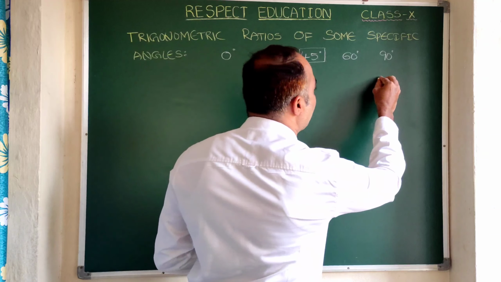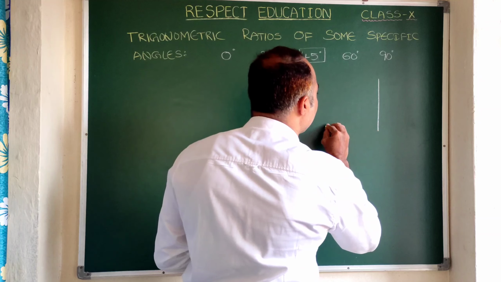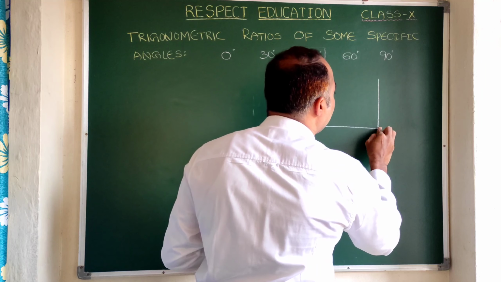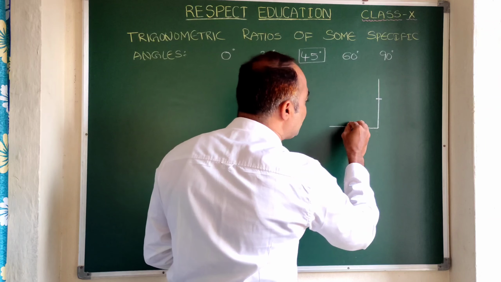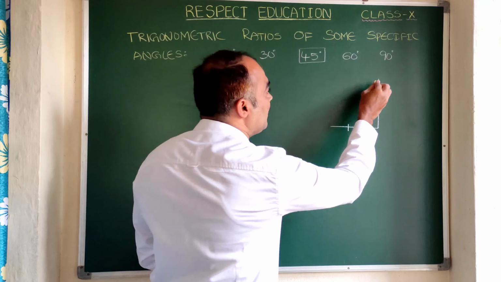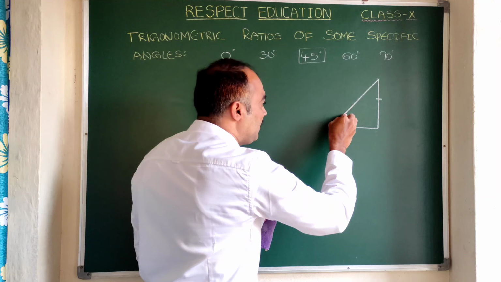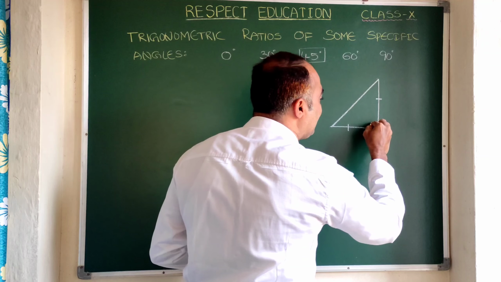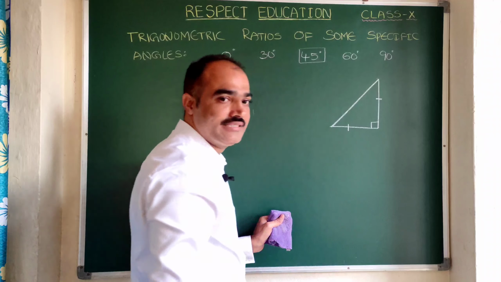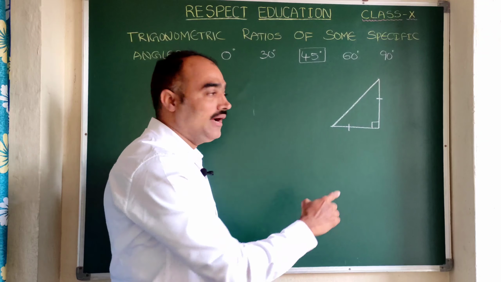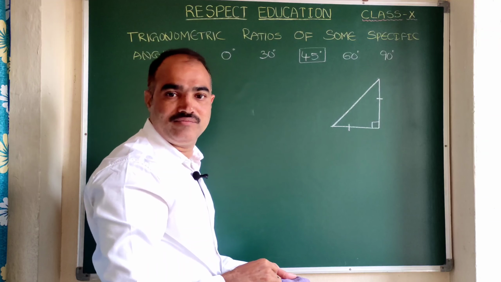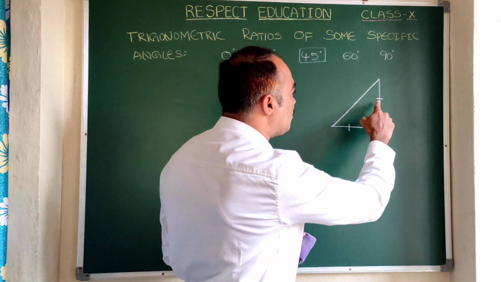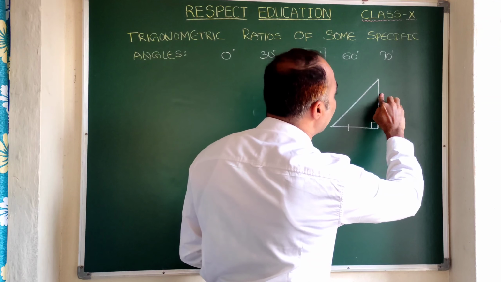Now here I will draw one triangle. This is a triangle in which, for example, these two sides are equal. That too, one of the angles is 90 degrees. What do we call this? Isosceles right angled triangle. Is it clear? It is isosceles because your two sides are equal.